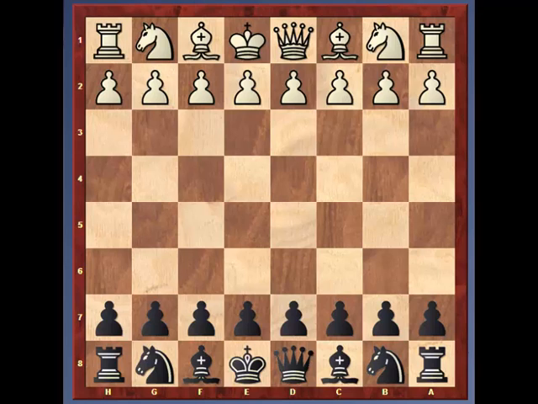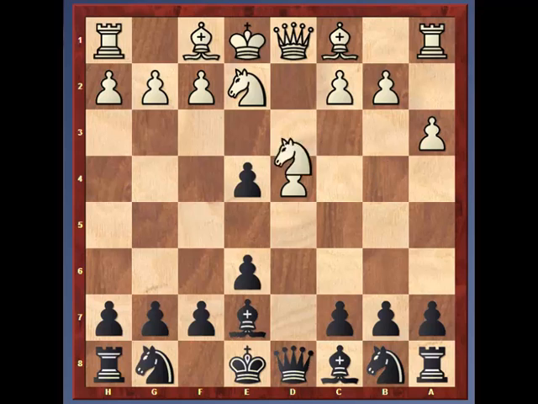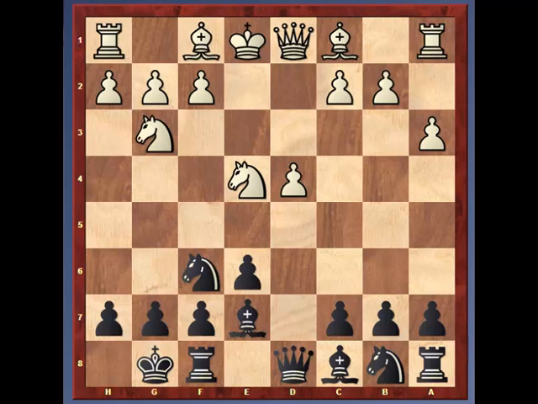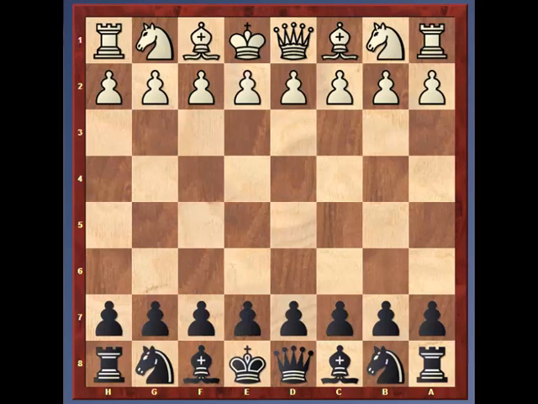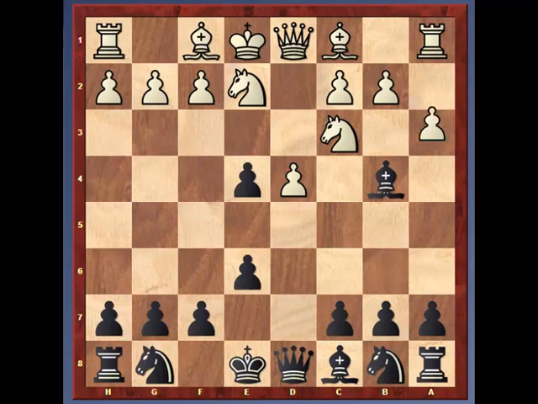This is the Winower, the Alekhine gambit, the Alatortsev variation. This is the Winower, Alekhine gambit. The Kahn variation extends.